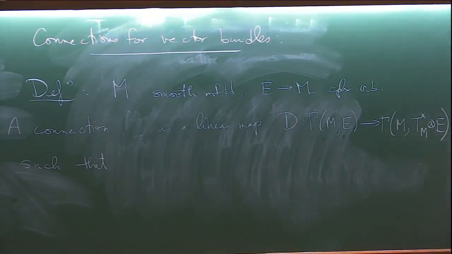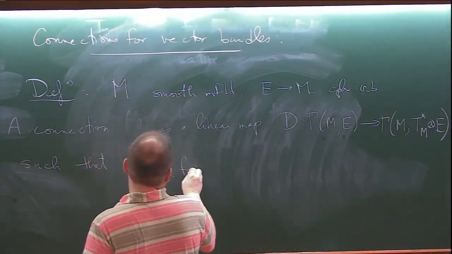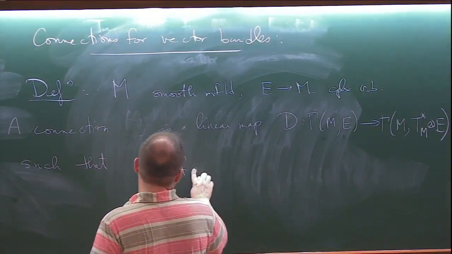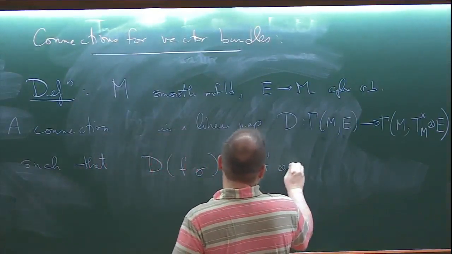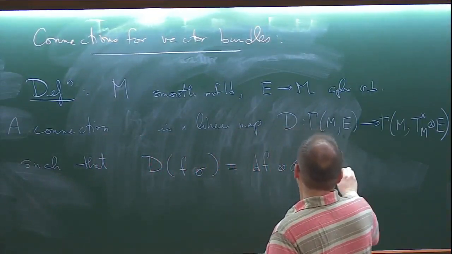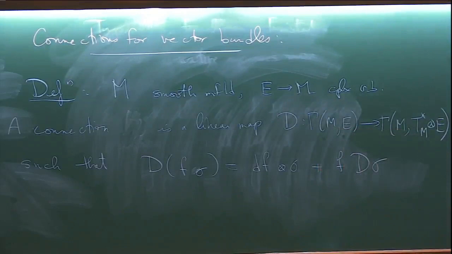So we have to say what it does to smooth functions. And if we take our cue from differentiation, we want it to satisfy a Leibniz rule. So this is the rule. D of, if you have a function f and a section sigma, then this will be df tensor sigma plus f d sigma. Okay, so that's the definition of a connection.